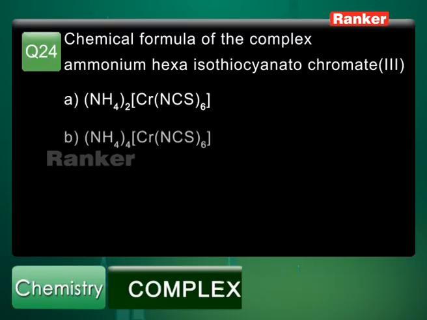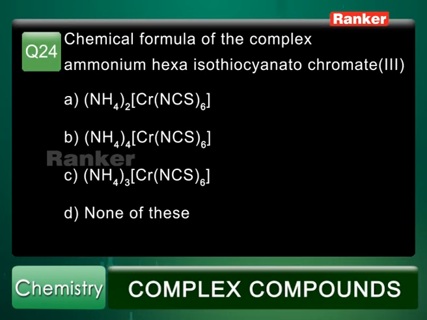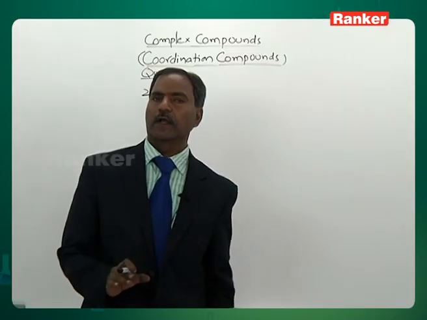Question 24. Chemical formula of the complex ammonium hexaisothiocyanatochromate(III). Let us take the name. First write the formula, then check the options.